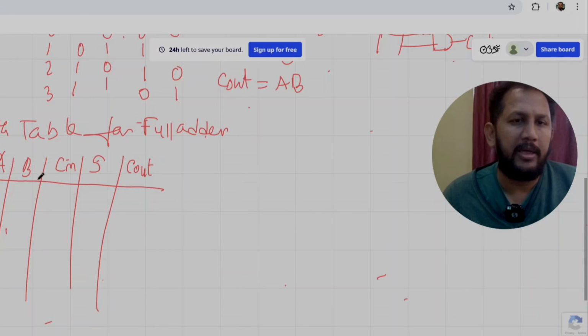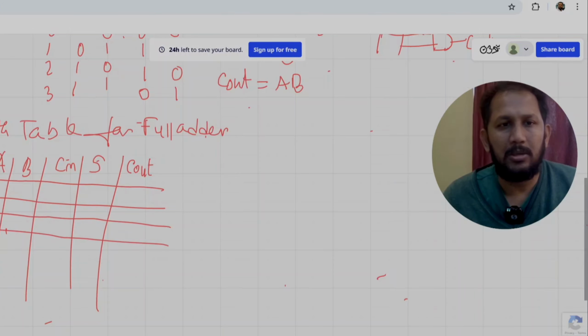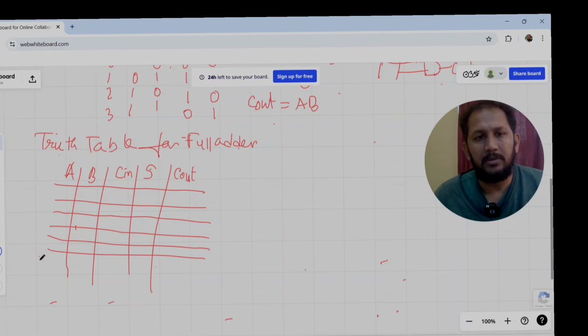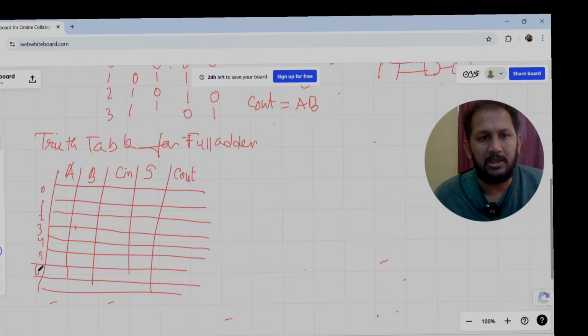There will be 8 combinations of rows, since 3 variables mean 2 to the power 3, and the decimal values for each row are 0, 1, 2, 3, 4, 5, 6, and 7.